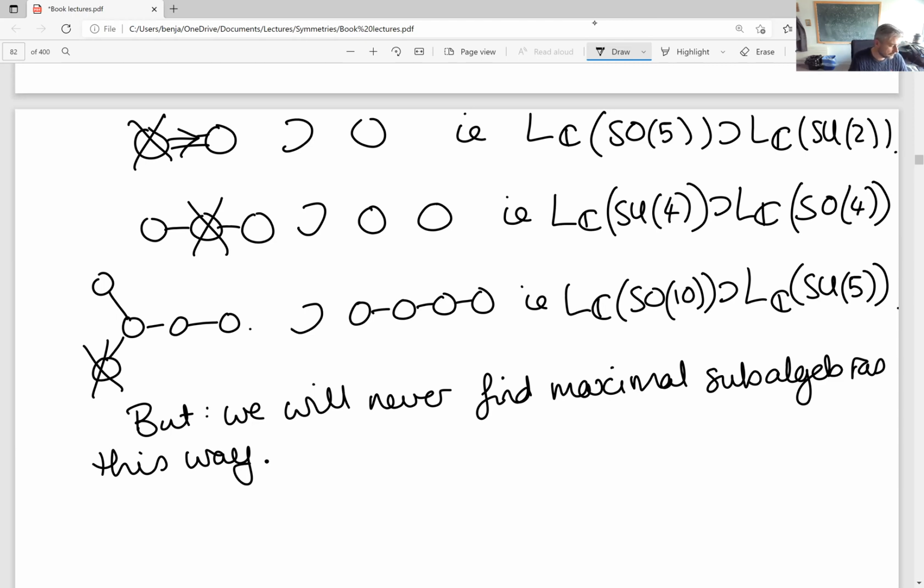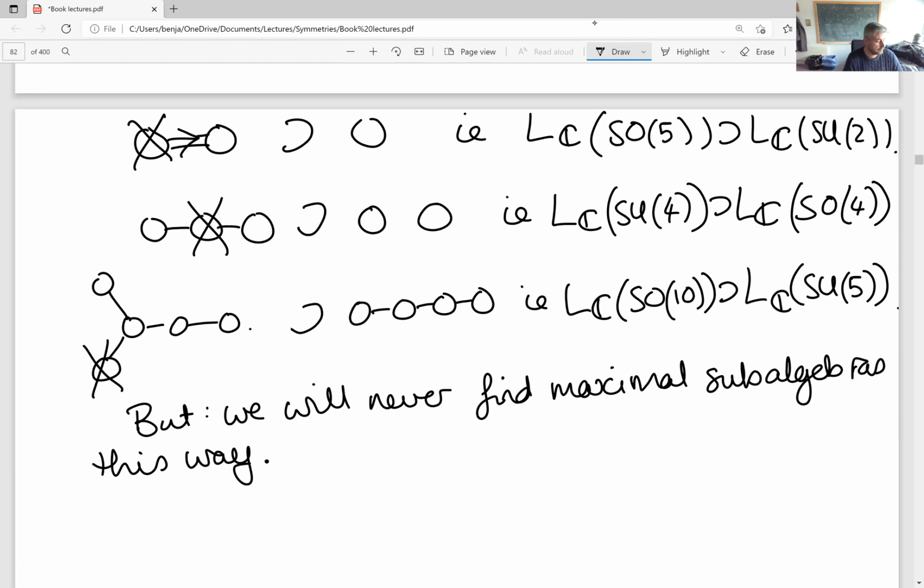So to find maximal subalgebras, what we consider is a system which has the simple roots that we've already drawn in the Dynkin diagram, plus the lowest root.